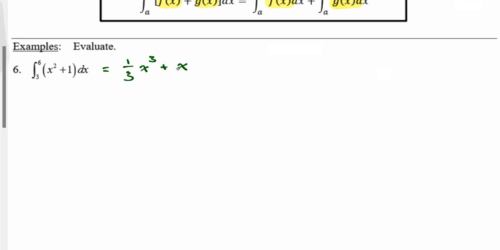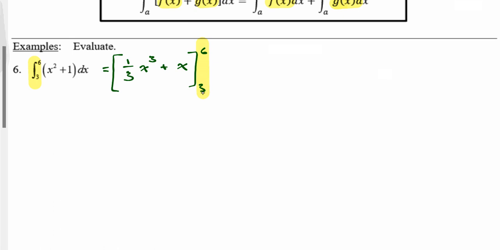I don't need it anymore, but I do need to keep track of the 3 and the 6. So what we do is we use square brackets and put the 3 and the 6 after. So notice here, the 3 to 6 boundaries are before the function, before we've taken the antiderivative. Here it's after the function, after we've taken the antiderivative.